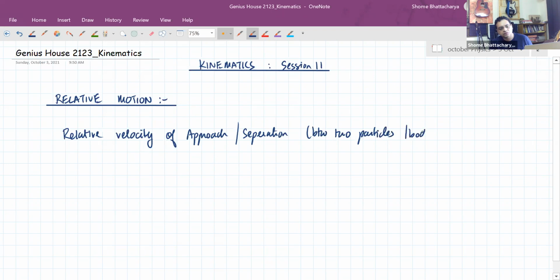Because this is something pretty common that we use in certain applications, we will give it a special symbol also. Okay. So V approach or V separation.